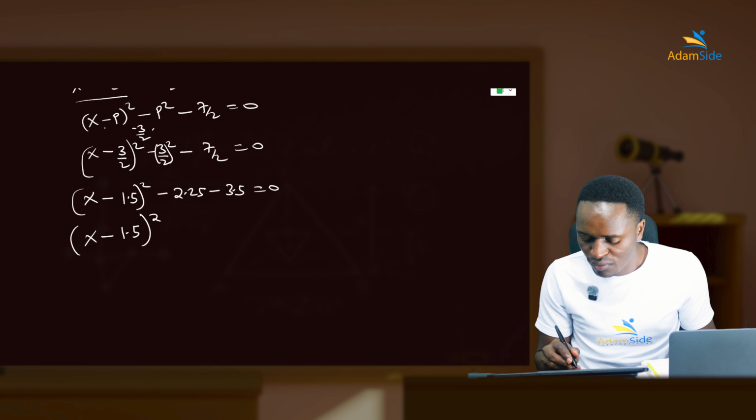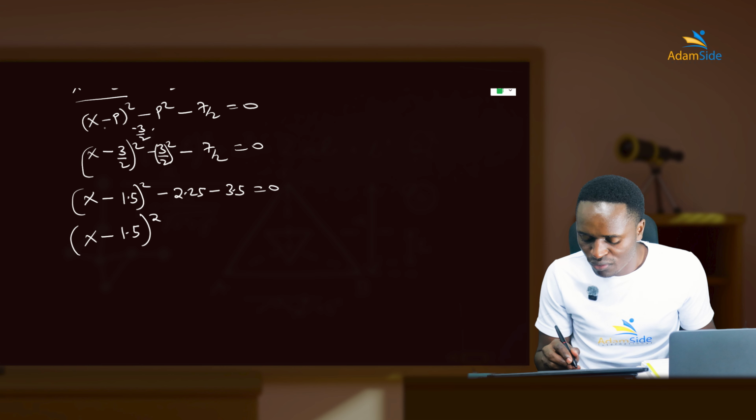If you factorize this square, you'll end up with x minus 1.5 times x minus 1.5. Remember, this is what it refers to, and then you find the square root of that, so x minus 1.5 is the same as the square root of 5.75. Then x is equal to 1.5, because negative 1.5 goes to the other side and becomes positive, plus or minus the square root of 5.75.